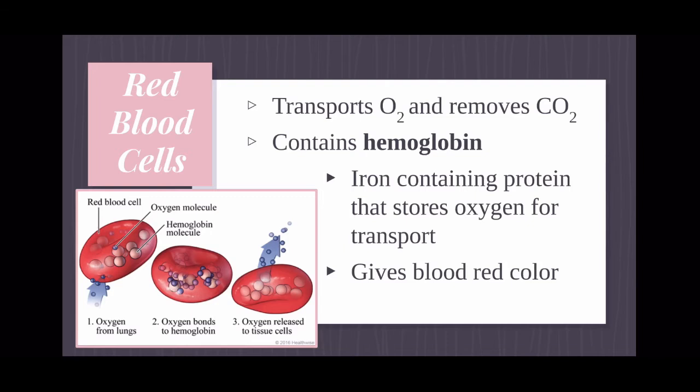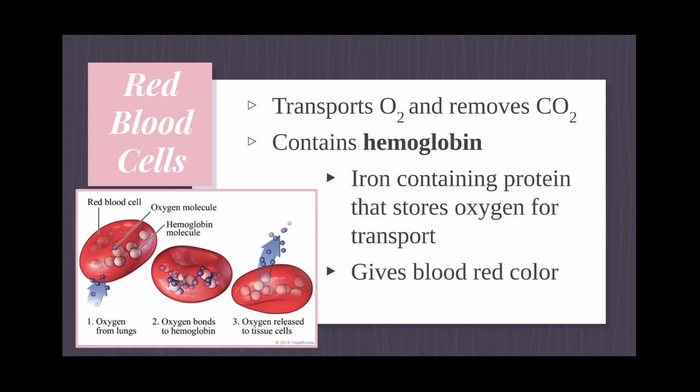Hemoglobin is kind of like the seats on the bus, right? If you think about the people getting on and off the bus, like gas molecules like oxygen and carbon dioxide, when people get onto the bus or when gases get into the red blood cell, they need to sit somewhere, right?